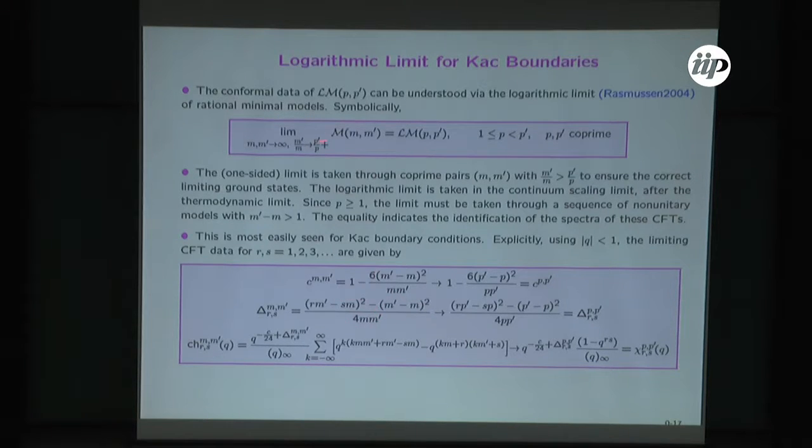So if you take this logarithmic limit, you just replace m with p and m prime with p prime, you get this expression, and that's again precisely the Kac formula, the same formula, but now giving the conformal weights in the infinitely extended Kac table of the logarithmic minimal models. And lastly, you can do the same thing with the Virasoro characters.